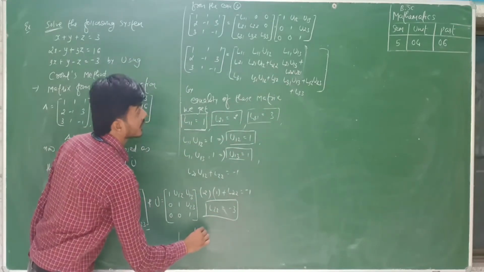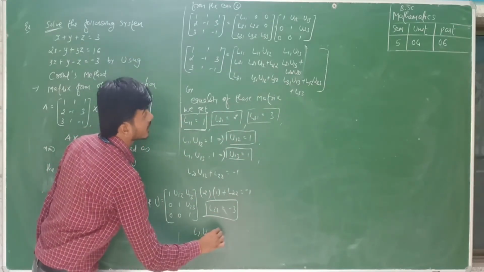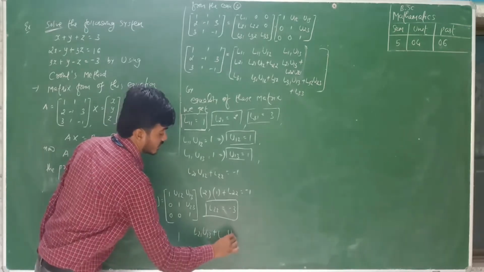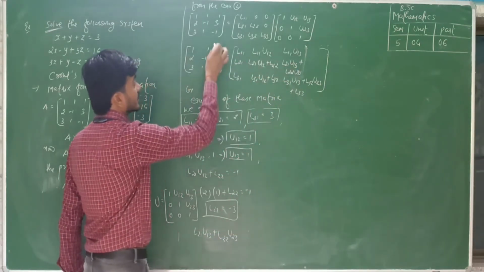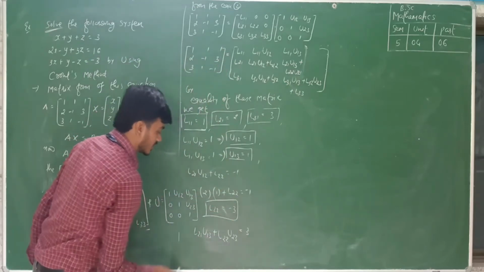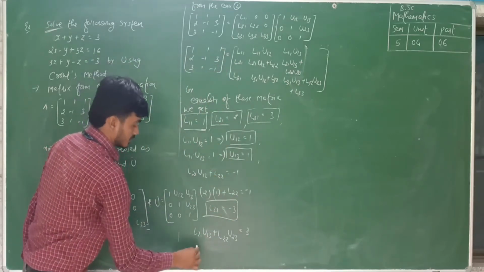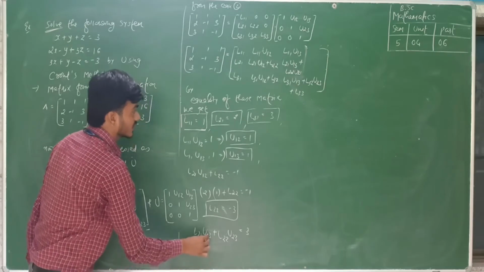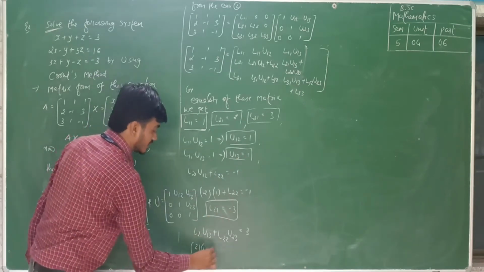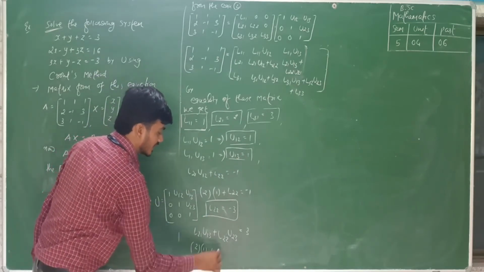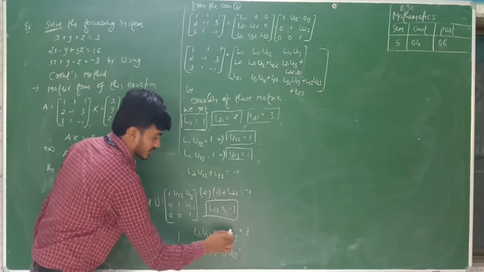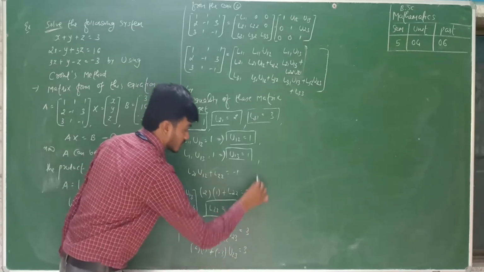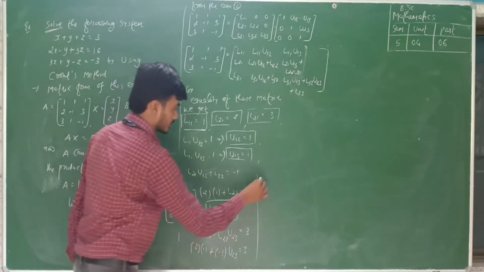L21 into U13 plus L22 into U23, second row and third column, is equal to 3. L21 that means 2, U13 that means 1, L22 value minus 3, and U23 is the value we need to find.